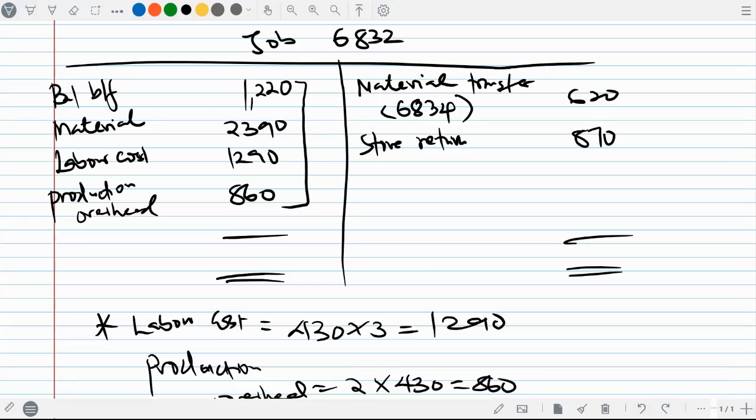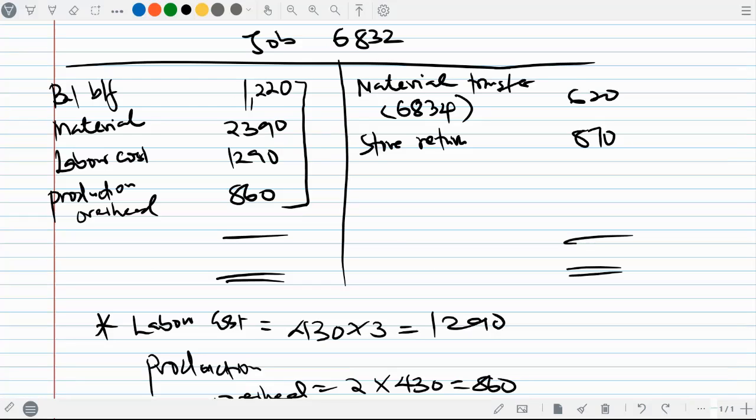So far, when it comes to getting the cost in the job account, we don't include the non-production overhead cost, because those are non-production. We only include the prime cost as well as the production overhead.